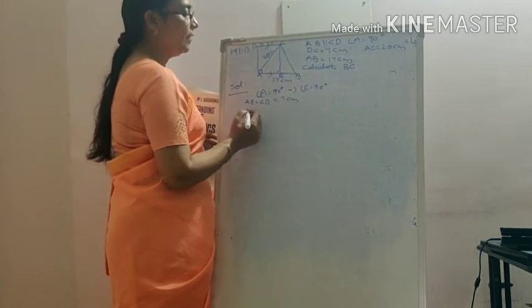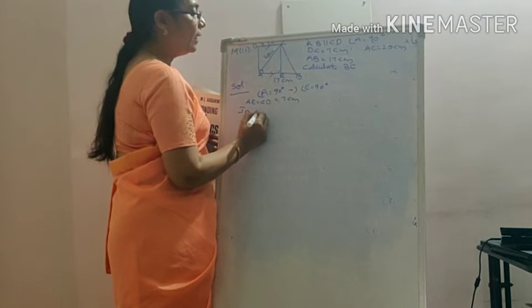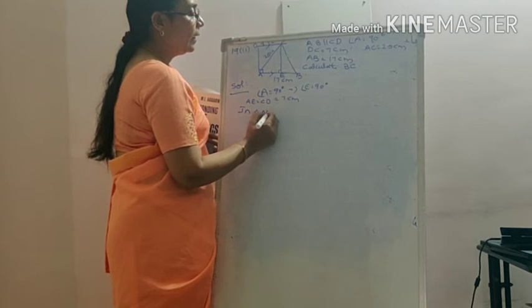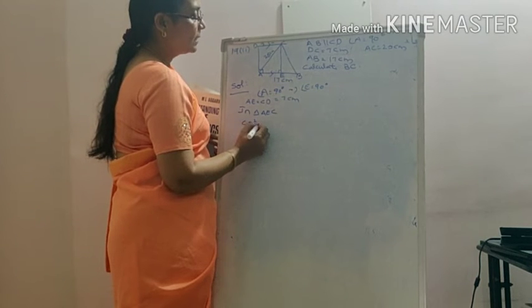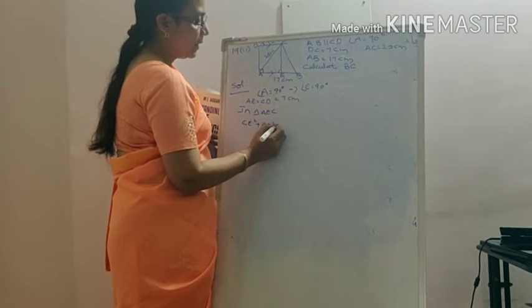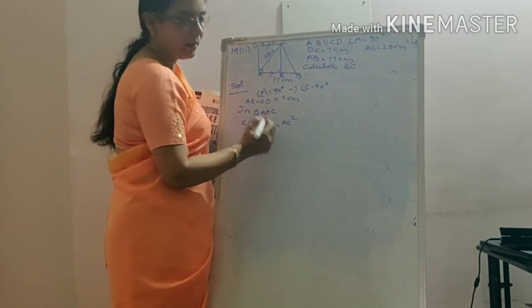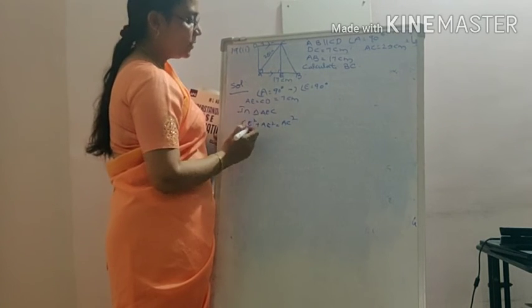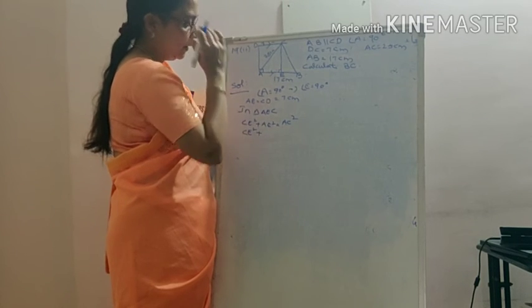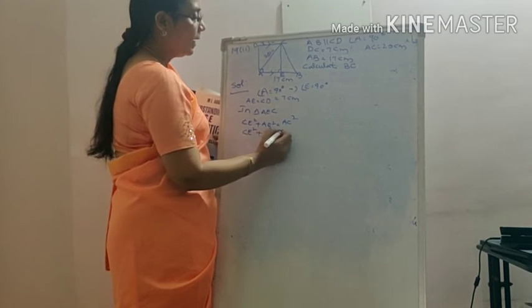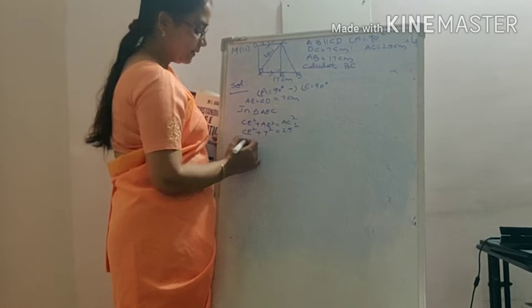Now in triangle AEC, CE square plus AE square is equal to AC square. We have to find out CE square here. AE is 7 and AC square is 25 square.